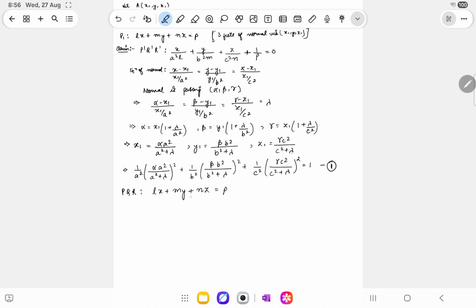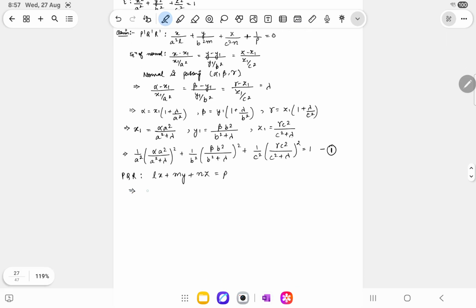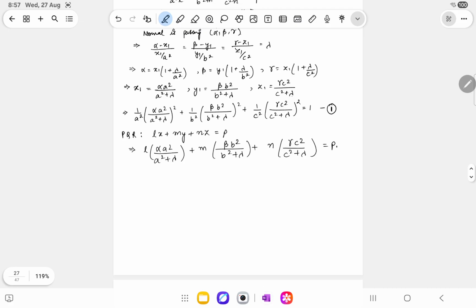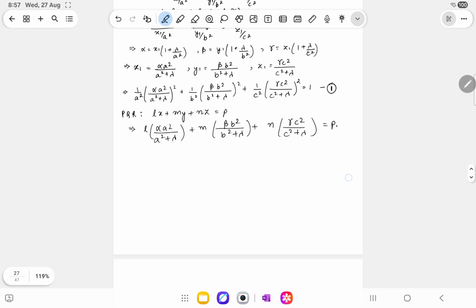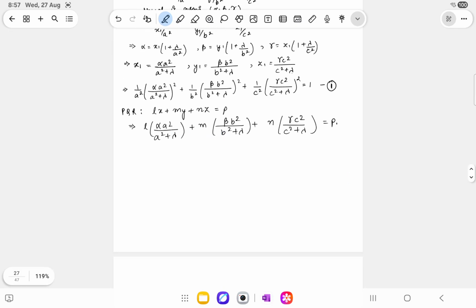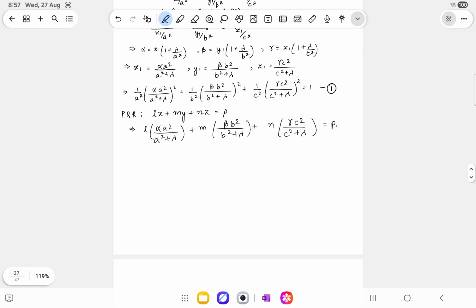So if I substitute x1, y1, z1 here, I'll get L into alpha a square upon (a square plus lambda) plus M into beta b square upon (b square plus lambda) plus N into gamma c square upon (c square plus lambda) equals P. Because in the question it says that 3 feet lie on this equation, and this will basically give me a cubic equation in lambda, and those 3 values of lambda will give me 3 feet of normal.